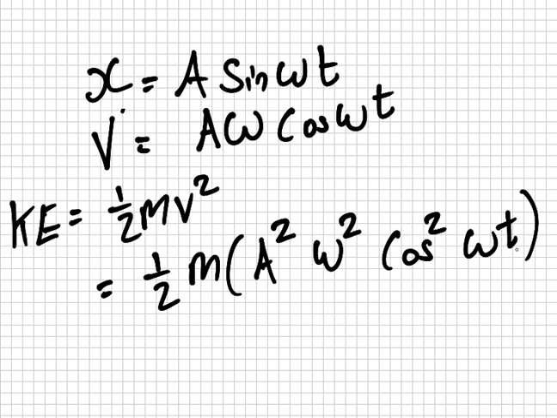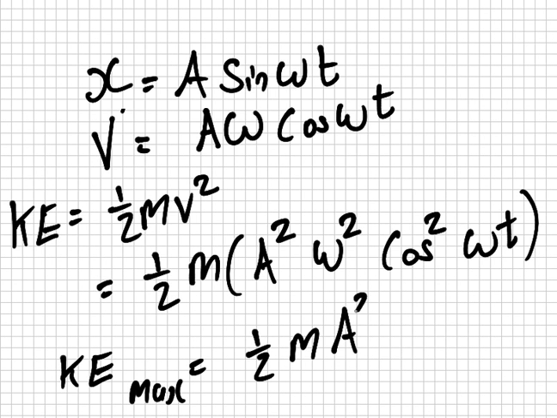Now, they want the maximum kinetic energy. So what is the biggest number cos can be? Cos can be 1. And the smallest? 0. So here, the kinetic energy, the maximum would be a half m A squared omega squared.